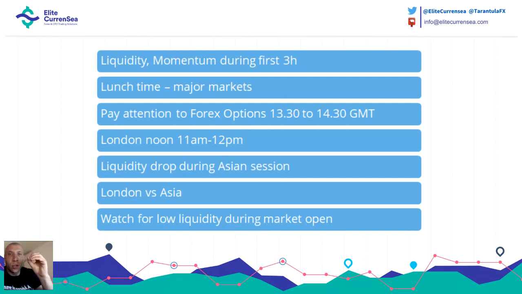Low liquidity during midnight, or 12 a.m., will widen your spreads. So if you are in a position and you want to carry it over the night, you need to add more to your stop loss because of the spread widening that will happen during 12 a.m.